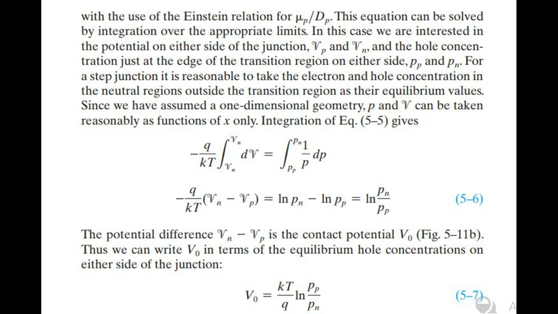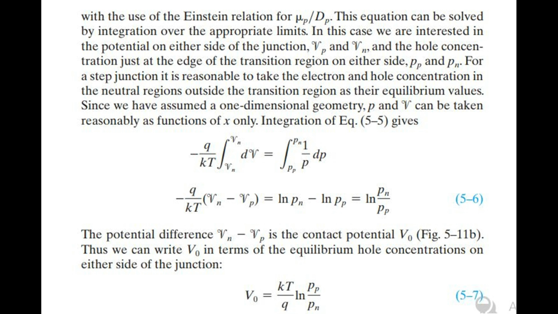This equation can be solved by integration over the appropriate limits. In this case we are interested in the potential on either side of the junction, V_p and V_n, and the hole concentration just at the edge of the transition region on either side, p_p and p_n.